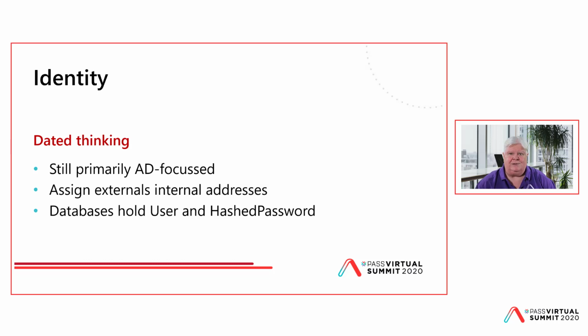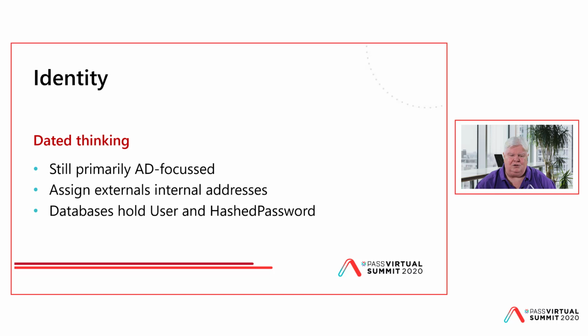I also commonly see scenarios where people build applications where they store usernames for users and they store passwords in databases. Usually they're clever enough not to store a password directly, although that's not always the case. But even if you're storing usernames and hashed passwords there, I look at that now and say you shouldn't be doing this anymore.